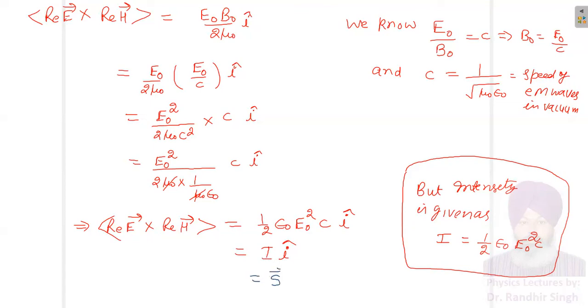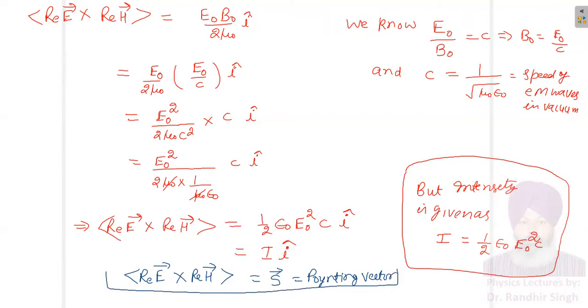So therefore we have proved that the real of E vector cross the real of H vector, their average value, is equal to the S vector, that is, the pointing vector. So you can give the statement that the pointing vector is the average value of the cross product of the real component of electric field and magnetizing force.